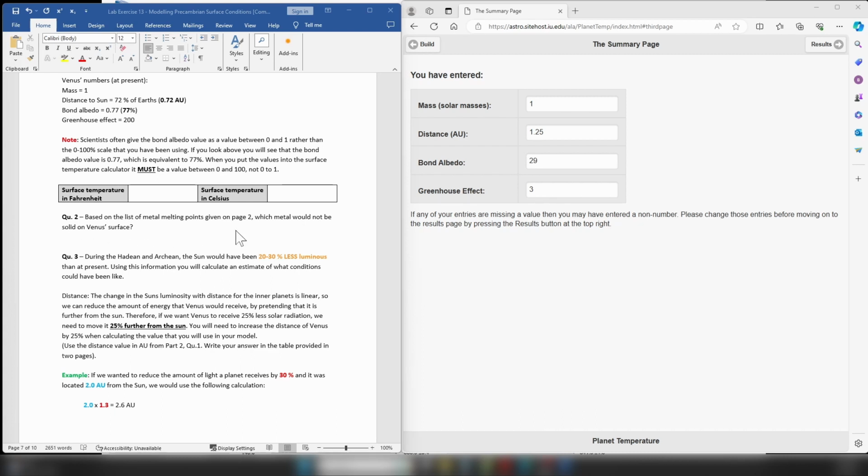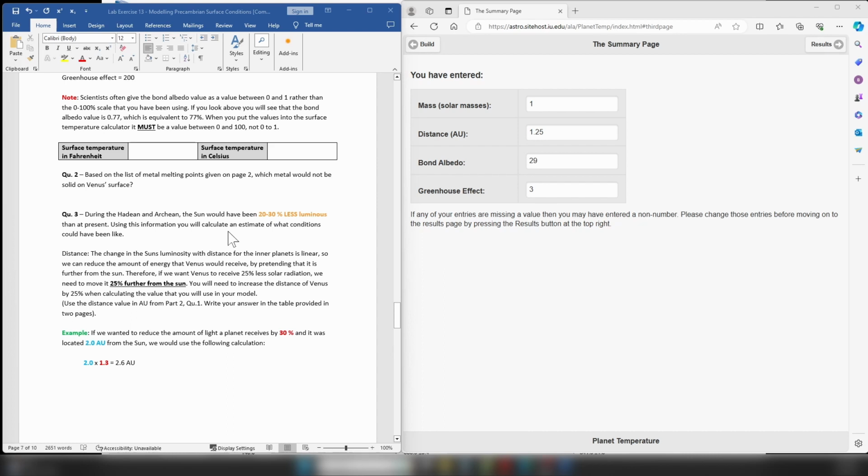So for question 3, we are going to be thinking about the early life of Venus. As we've already discussed, in the early solar system, we know that the sun will have been less luminous, 20 to 30%. And so this means that Venus will also have experienced a faint young sun paradox.